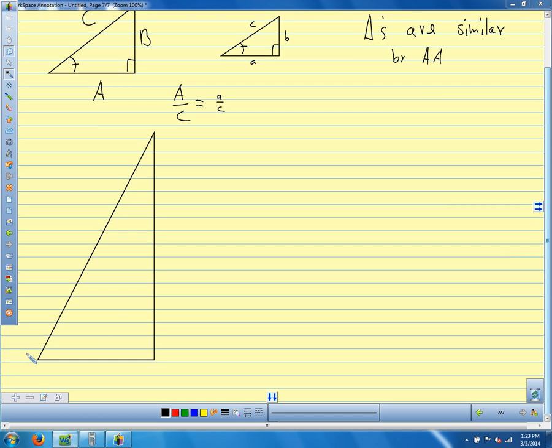They call this capital A the angle, capital C the angle, capital B the angle, and that is our right triangle. The way we normally label triangles is if we call the angle a capital letter, we call the side across from it the small letter that matches. So that's angle A, that's side A. Angle C, this is going to be side C. Angle B, and this is going to be side B.